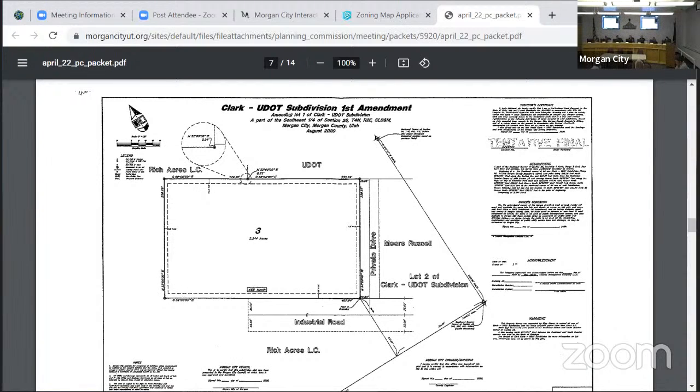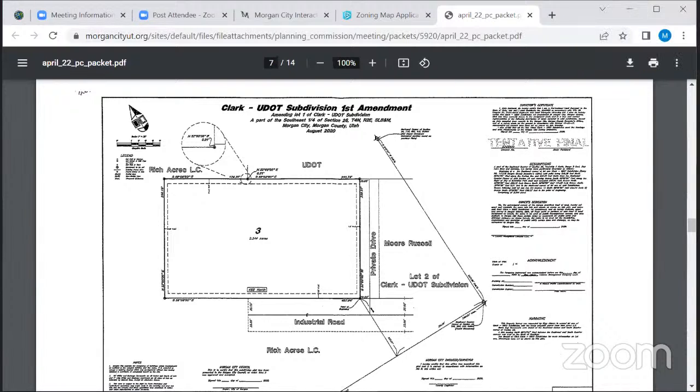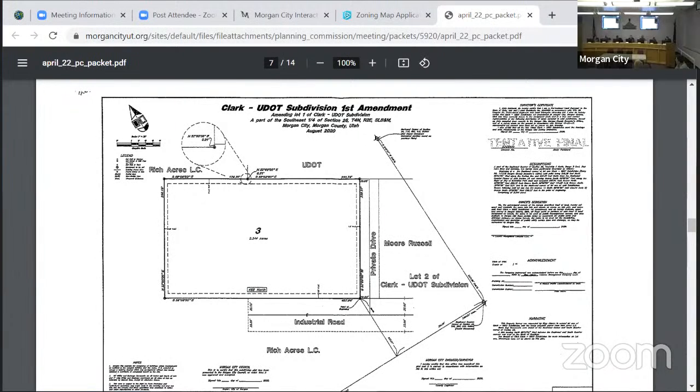So with respect to the actual plat amendment on its own, does the planning commission have the authority to take that action independently, or should that be a recommendation for the city council to approve?